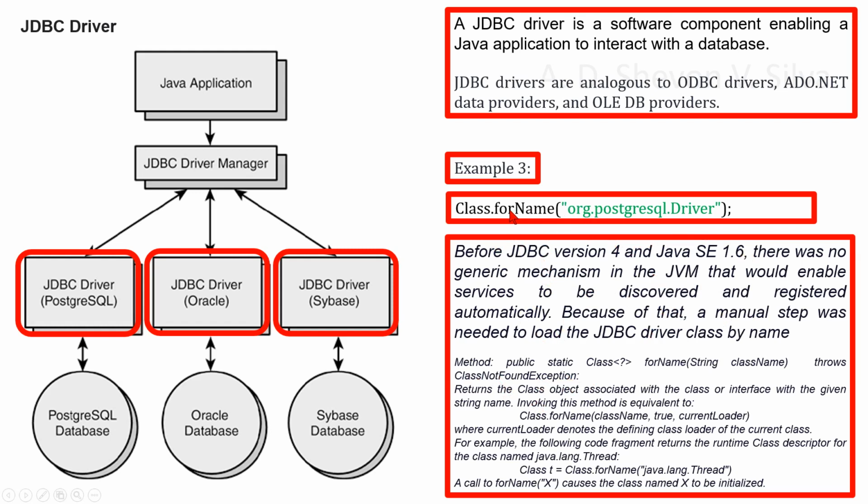If there's an error, it throws this exception, and the method returns the Class object associated with the class or interface with the given string name. Here a call to forName causes the class name, here this one, to be initialized.